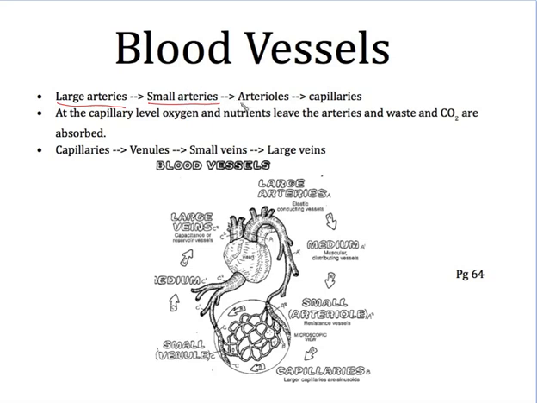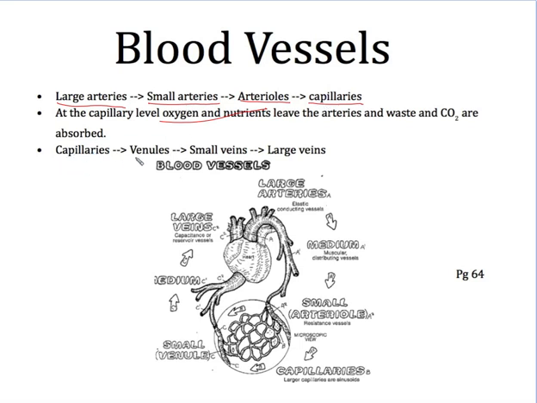When smaller arteries branch, they become arterioles, which are smaller yet, and then those become your capillaries. At the capillary level, we've talked about your oxygen and nutrients exchange, leave the arteries, and end up in the cells, and then waste and CO2 are absorbed from your blood to be exported or expelled from the body.